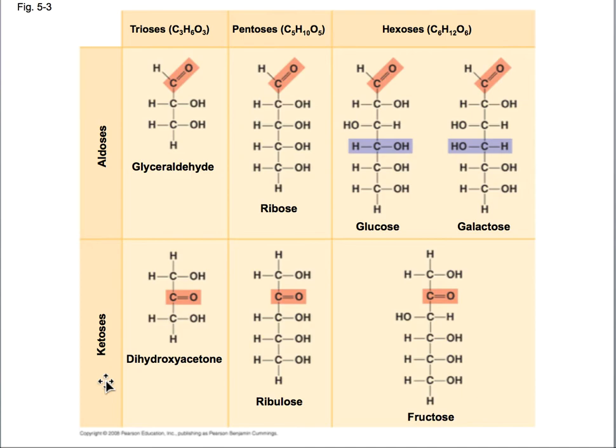So, real life connection here. What is a ketose? If you've seen ketosis in commercials on TV about diabetes. If you have diabetes, ketose is what is made from your body actually burning up proteins. So you don't want to have that.